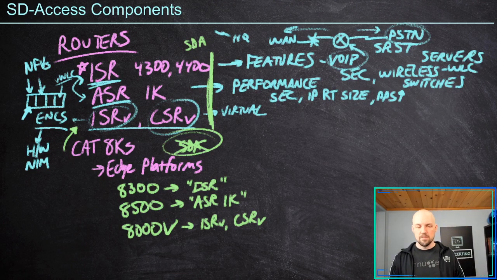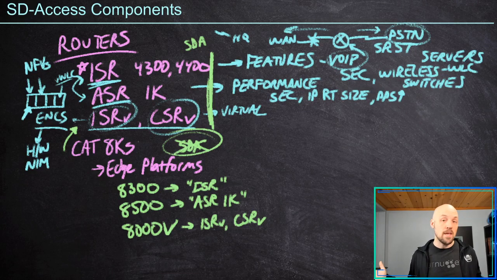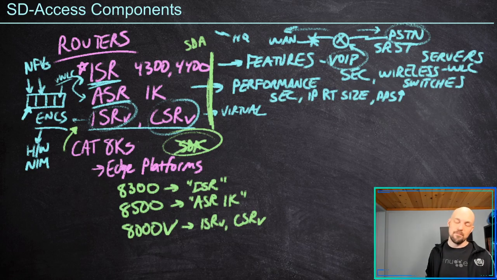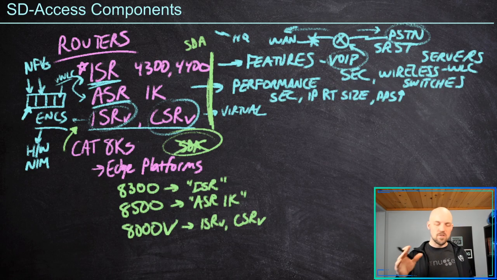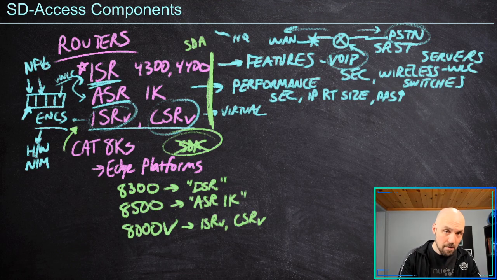A customer who has 500 ASR 1Ks and they're going to buy a new router, they'd probably like that 501st to also be an ASR 1K, even though the 8000s are out. Okay, so Cisco will probably keep those platforms going for a while, but at the same time, where Cisco is going, they're going to want us to stop purchasing ASRs and ISRs and start purchasing Catalyst 8000s.